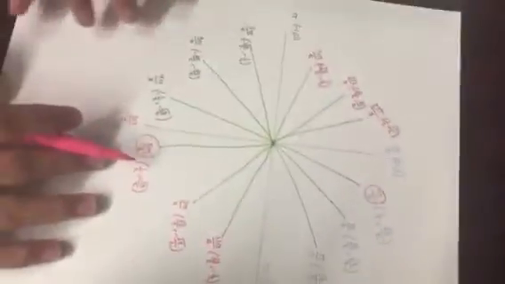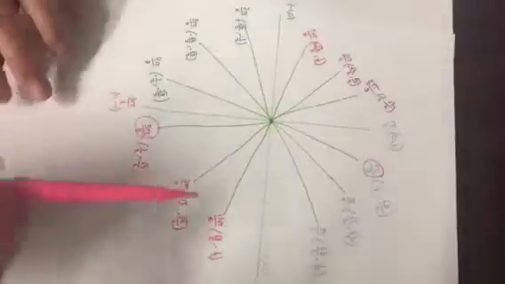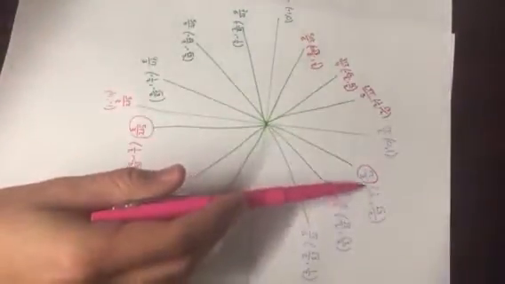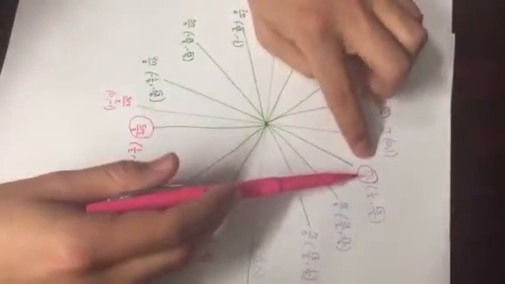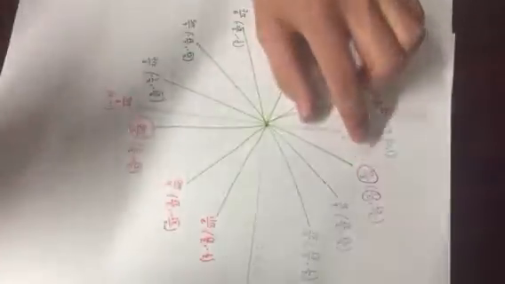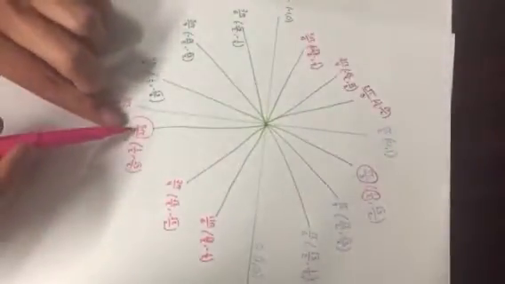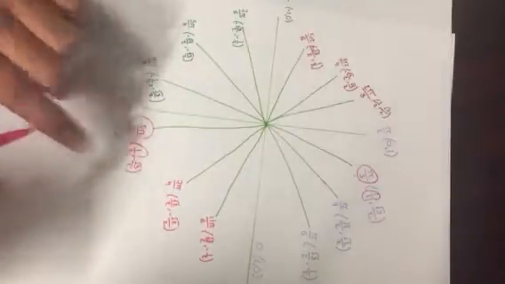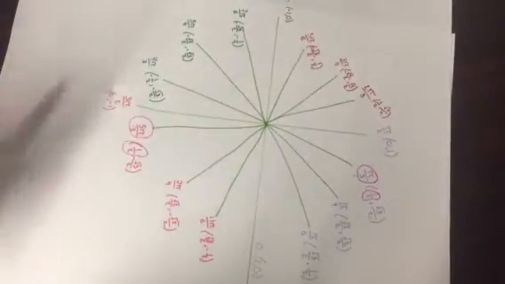I'll show you guys on the unit circle, this beautiful unit circle. Cosine equals 1/2 right here at pi over 3 because cosine is x, and also down here at 5 pi over 3 where x is positive 1 over 2.